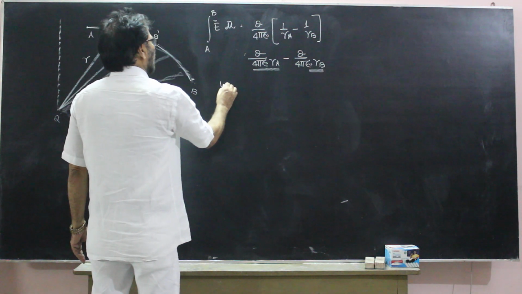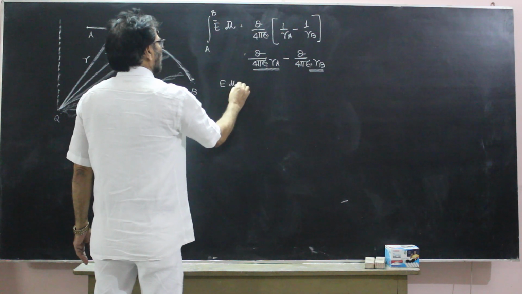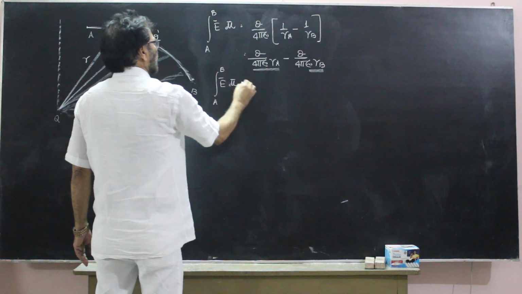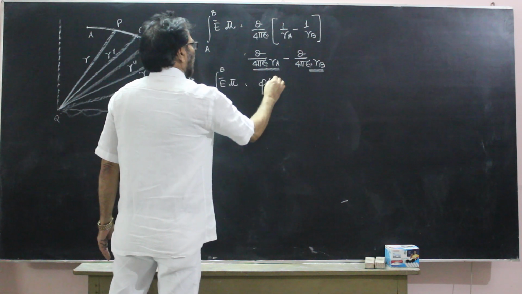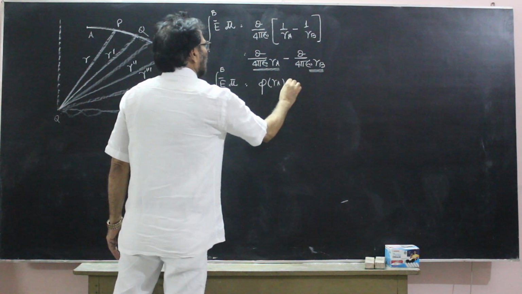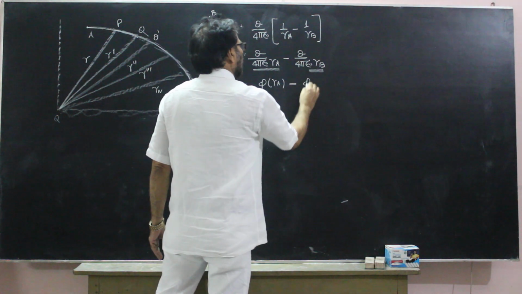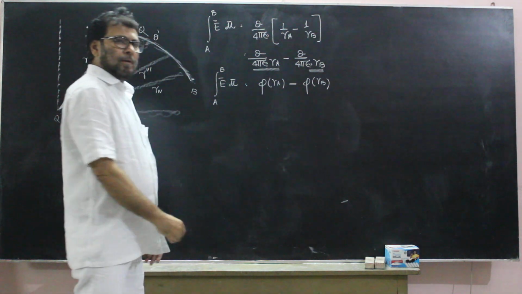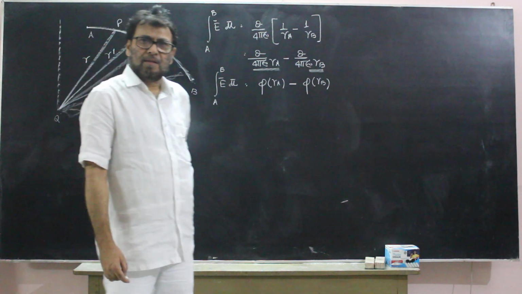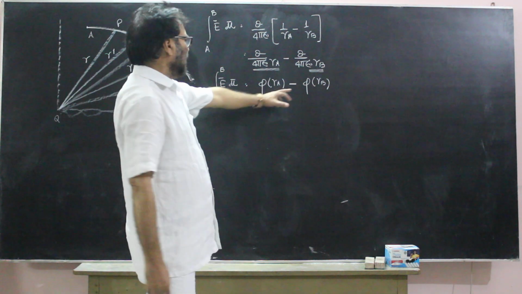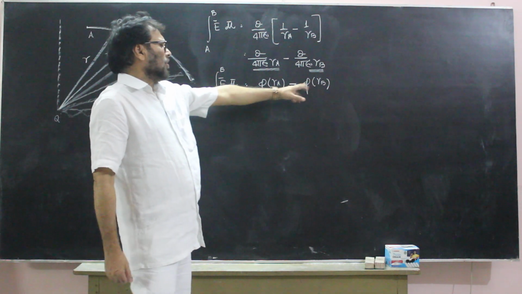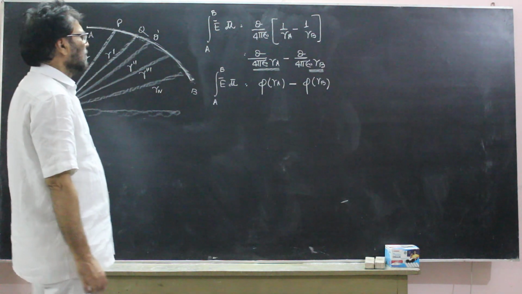So what is E dot dl from A to B? E dot dl from A to B is phi RA minus phi RB. So E dot dl from A to B is of course the difference of two functions that depends on A and B only.